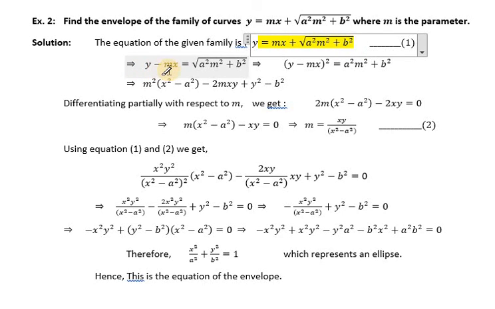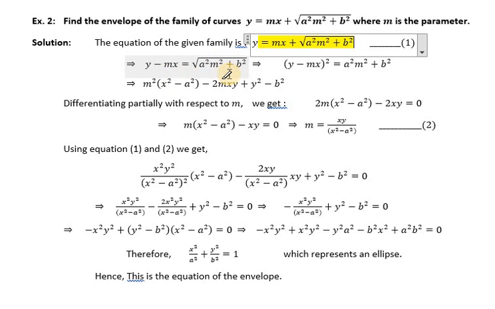To remove the square root, we transfer mx to this side. Now y minus mx is equal to root of a square m square plus b square.